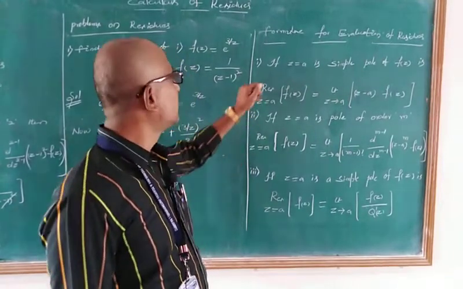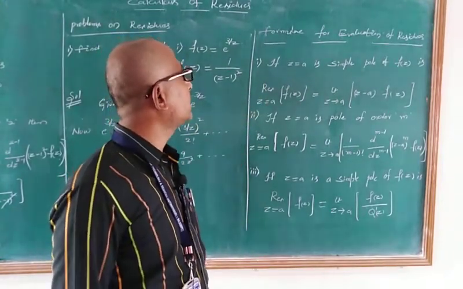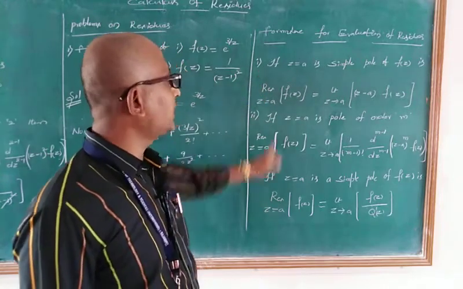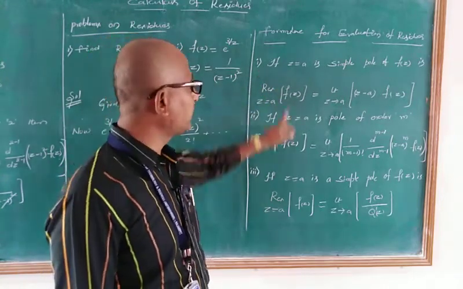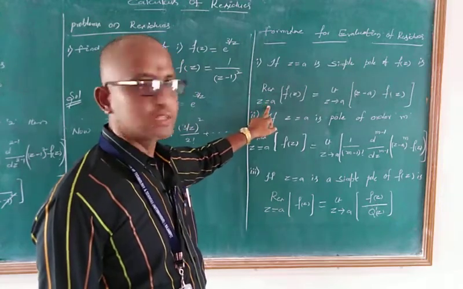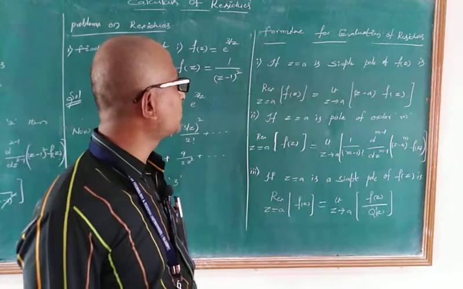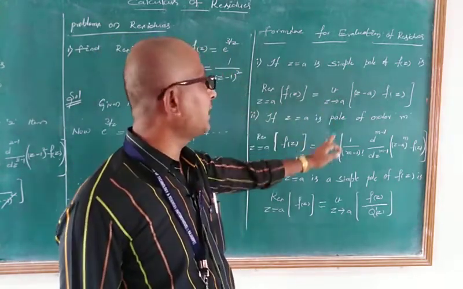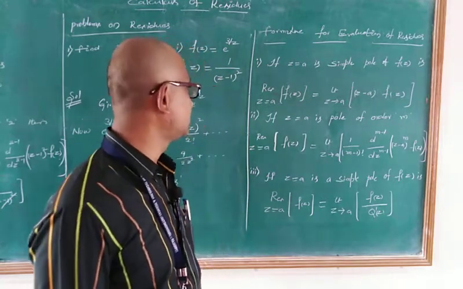Right. Formulas for evaluation of residues. First one, if z = a is a simple pole of f(z), residue at z = a of f(z) = limit z tends to a of (z − a) f(z).